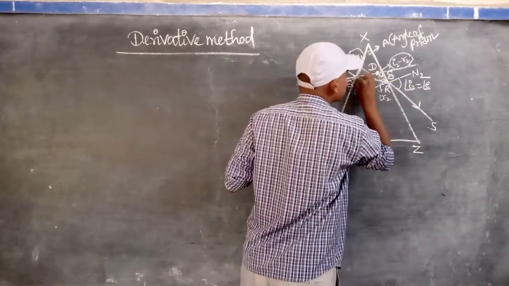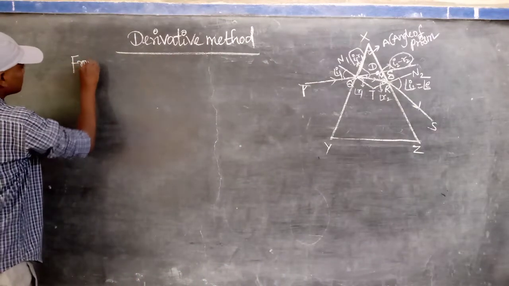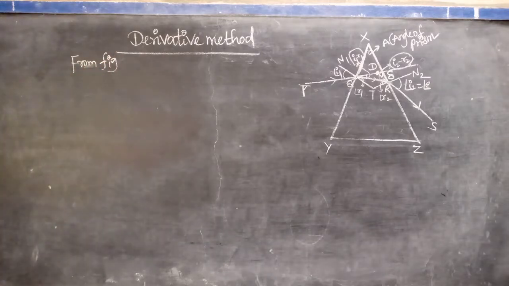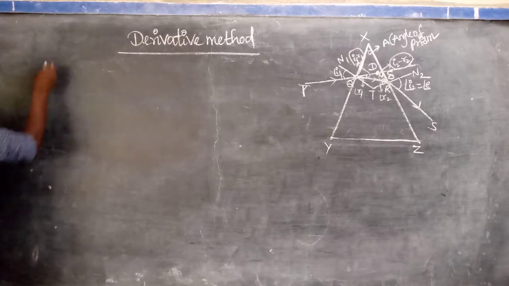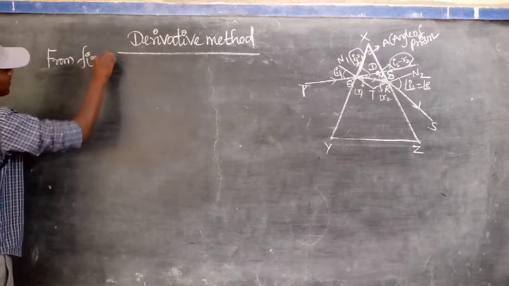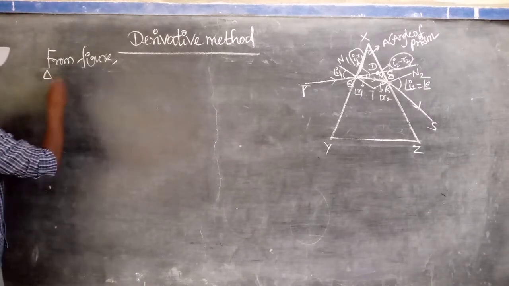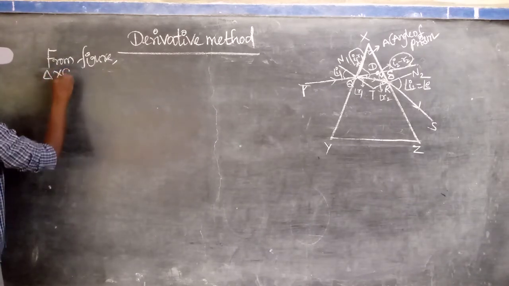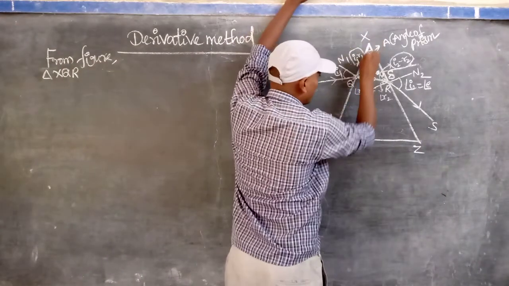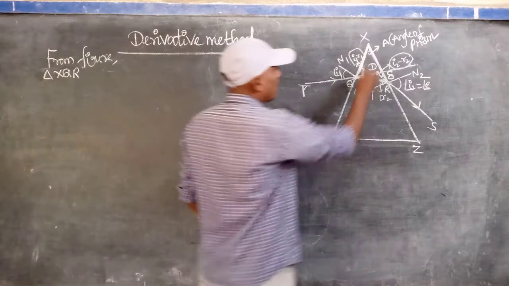It appears as a triangular shape. So from the figure, in triangle XQR, listen very carefully: X to Q, Q to R, it is a triangle XQR. In XQR, what is this angle?